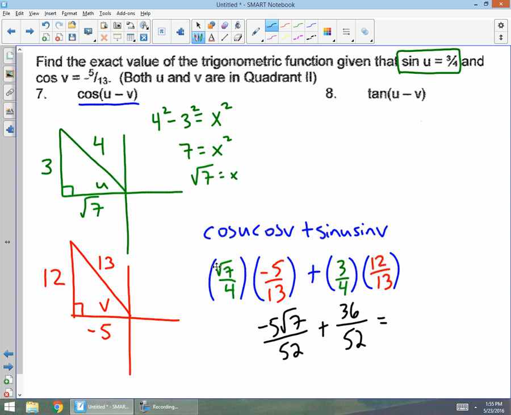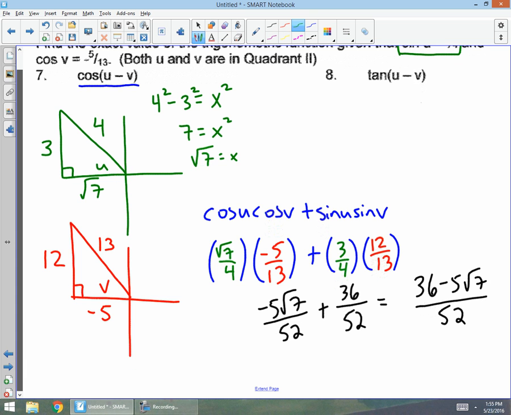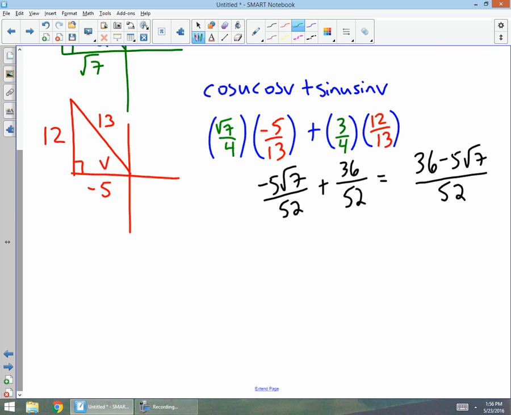And unfortunately, they don't combine, other than I can do 36 minus 5 square root of 7 over 52. Now, you could reduce 36 and 52 and keep them separate. That's fine. You could also combine it here. That's fine. I'm going to go ahead and reduce it just because you can, but I would really be fine with an answer like that.